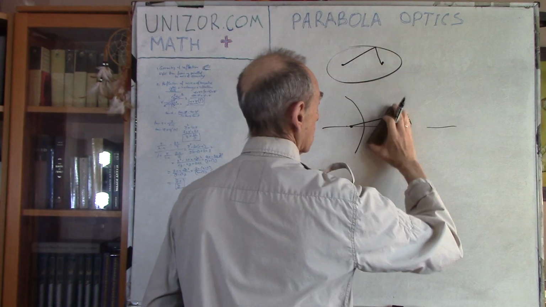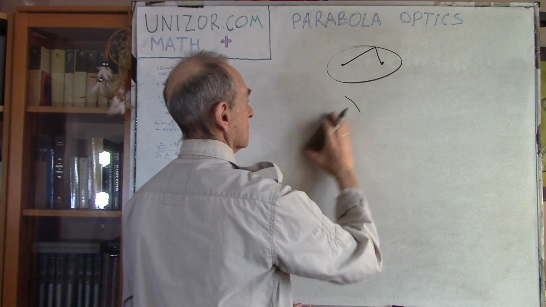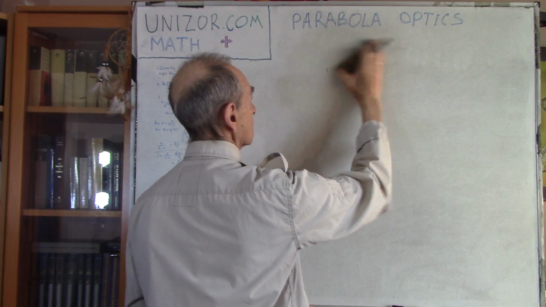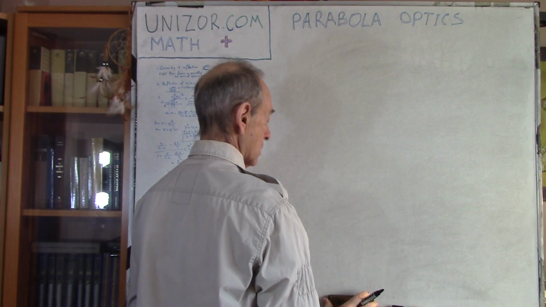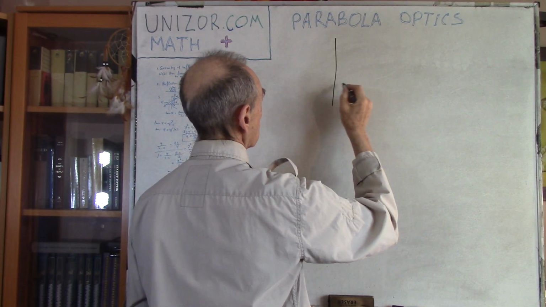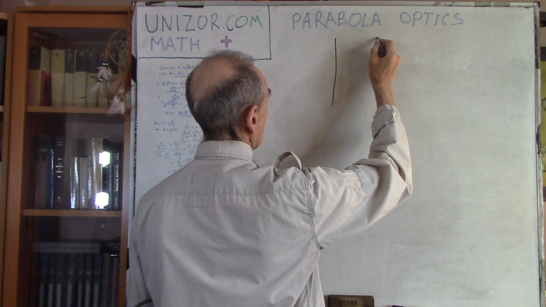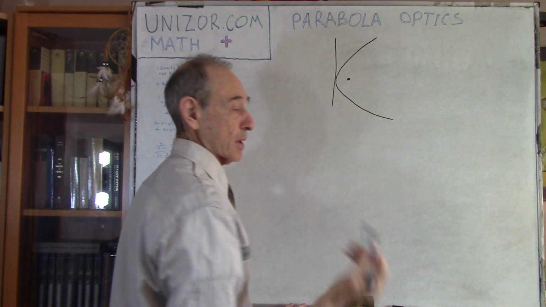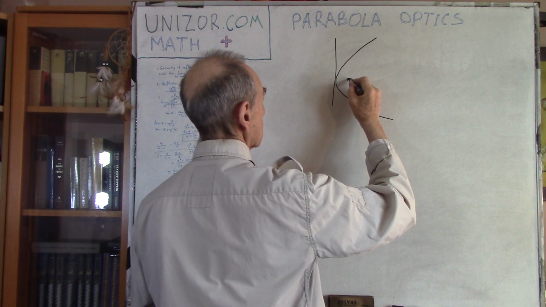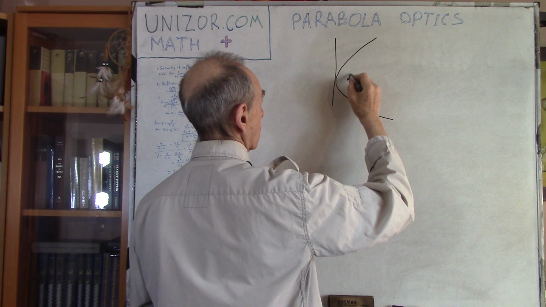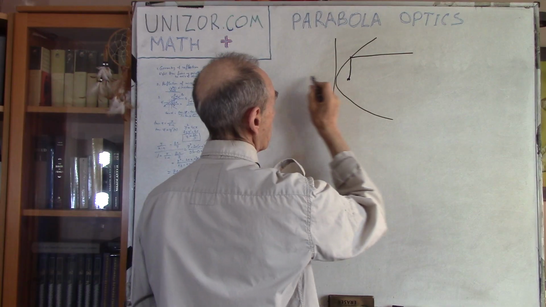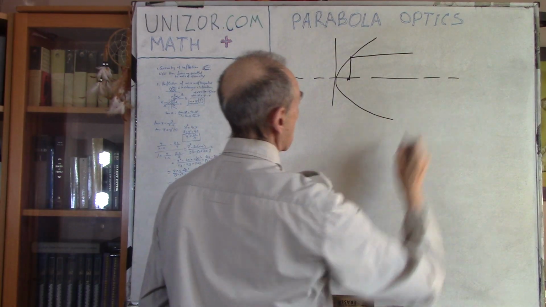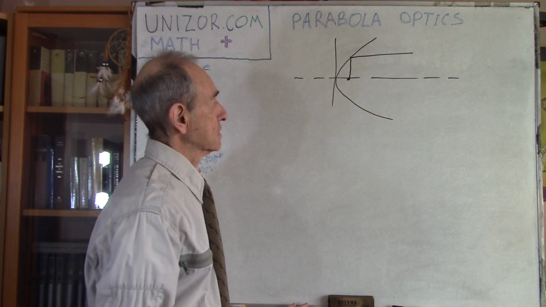In the case of parabola, the situation with optics is slightly different because we have only one focus. So in the case of parabola, you have something like this. This is the focus. My point is that the light emitted from the focus will be reflected parallel to the main axis of symmetry.